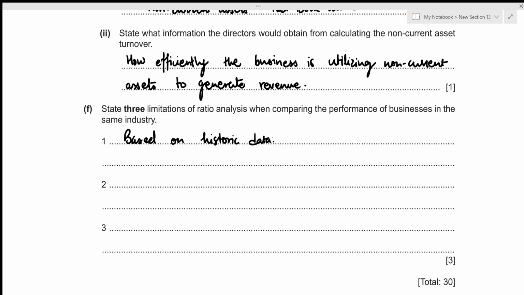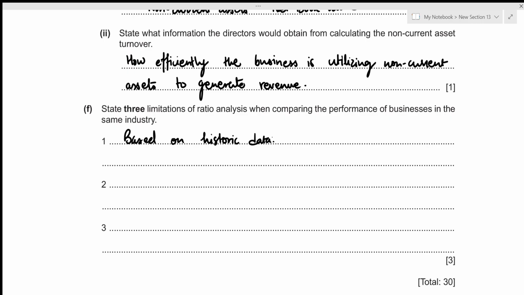So that particular ratio is obviously relating to the company's performance a year back or maybe 6 months back. So that's not very accurate while comparing the performance, because it does not actually give us the real-time performance of the businesses. So that can be a limitation.